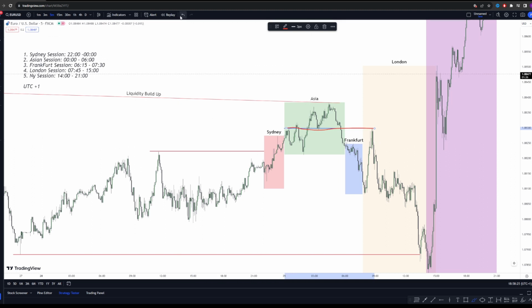Now, once we've created the Asian range, we can see that we do end up clearing the Sydney high. The Sydney low remains untested here, but the Sydney high is being taken out at that point during the Asian session, because as we said, the purpose of the sessions is to rate liquidity of previous sessions or engineer liquidity for the upcoming sessions.